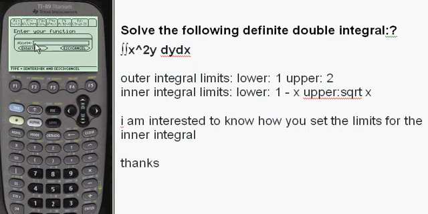We're going to enter the function. You have to press alpha in my programs every time you enter something in these scenarios. Then we go x squared times y. Press enter.